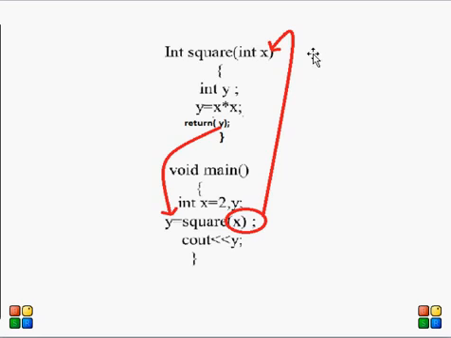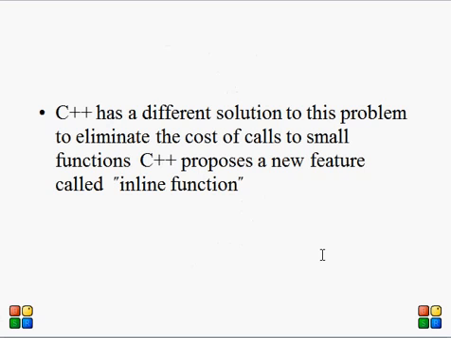The compiler goes to this function, copies this calling function value into the called function, calculates the multiplication and returns this y value. This much overhead is there. That's why we introduced inline functions. C++ has a different solution to this problem, to eliminate the cost of calls of small functions.